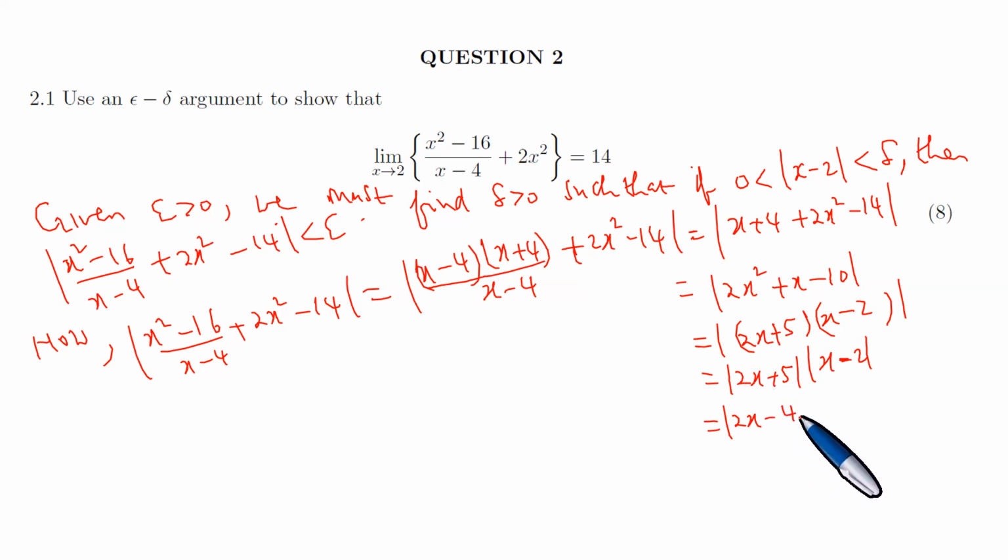So you must put minus that plus 9. So this is 2 into x minus 2 plus 9.